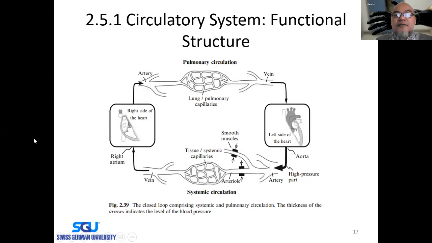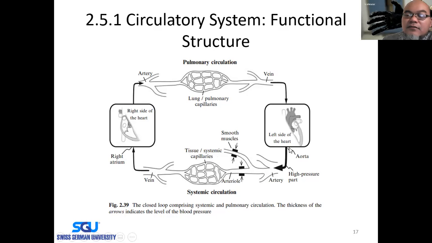So here is basically the illustration of how the circulatory system functions. As we mentioned, the heart plays a big role here, because in the pulmonary circulation it pumps the oxygen-poor, CO2-rich blood into the lung for exchanging gas with the atmosphere, and then the oxygen-rich blood is pumped by the heart towards the rest of the body, what we call the systemic circulation.